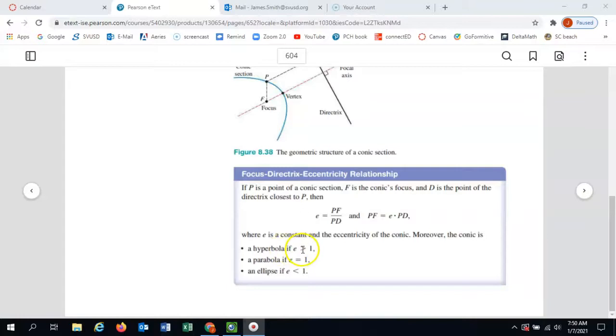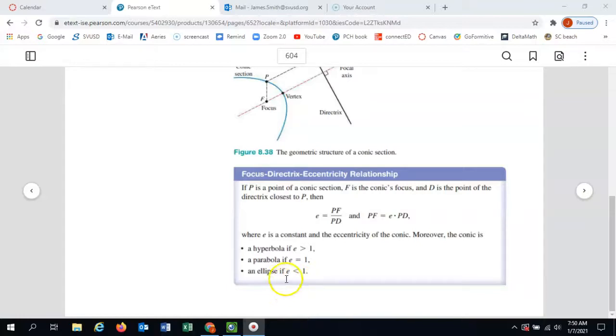And so here's the relationship. If this distance is greater than this one, in other words, if it is farther from the focus than it is to the directrix, it must be a hyperbola, right? Because the eccentricity would be greater than 1 if this number is bigger than this number. If it's flipped, if the top number is smaller than the bottom number, then it must be an ellipse.